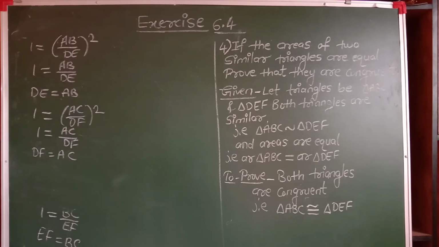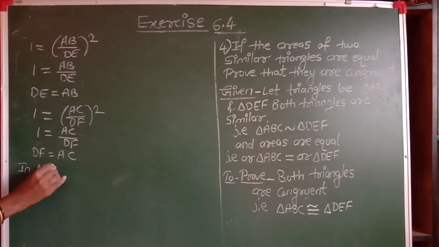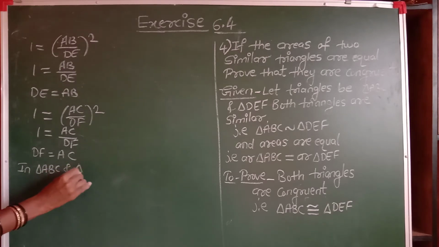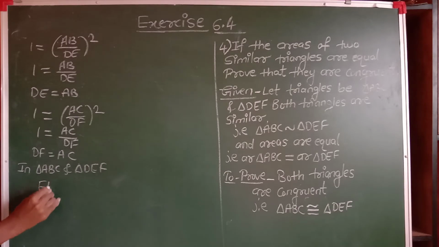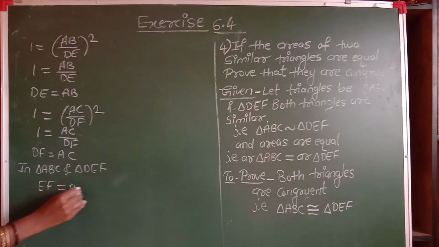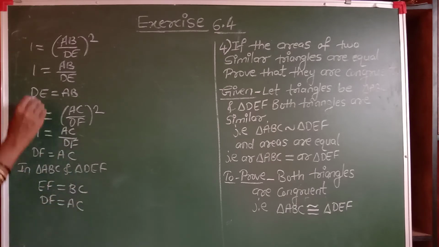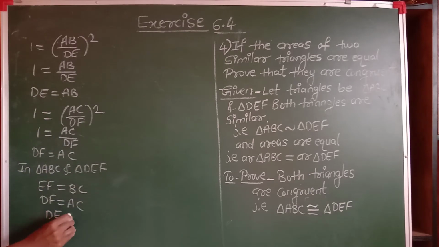Now, in triangle ABC and triangle DEF, what we got? EF is equal to BC, DF is equal to AC and DE is equal to AB.